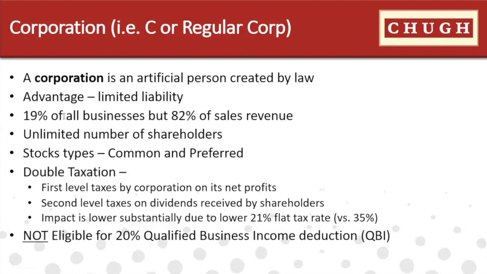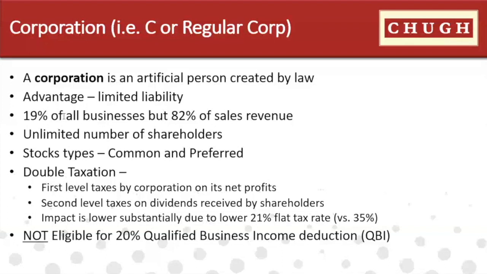After paying $3 billion in taxes, that leaves $7 billion. If Google decides to distribute it as a dividend, each and every shareholder who receives the dividend has to pay tax on that dividend. So basically this $7 billion gets taxed twice, once at the Google level and second at the individual shareholder level.